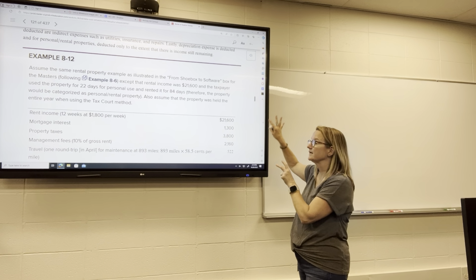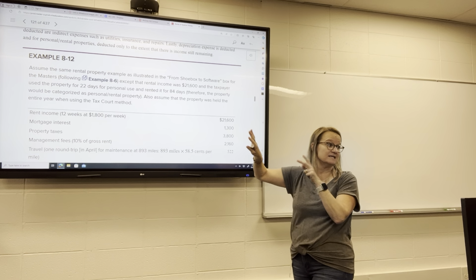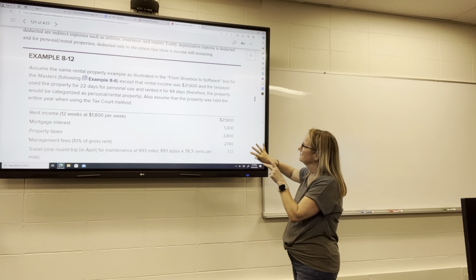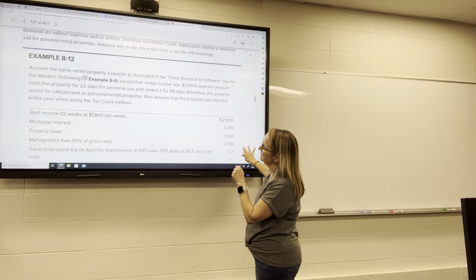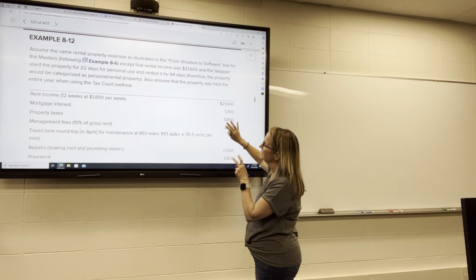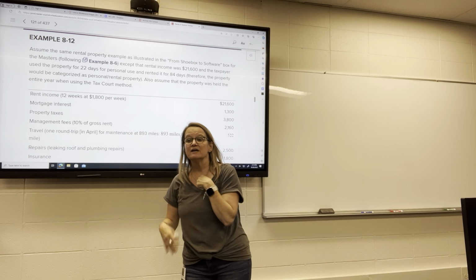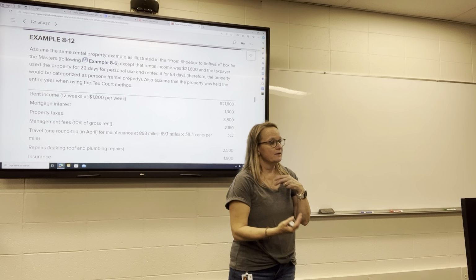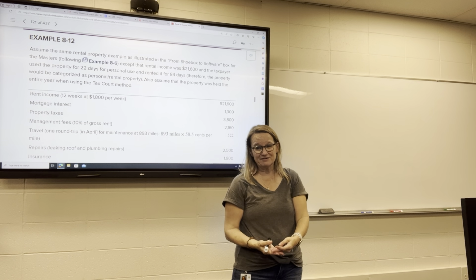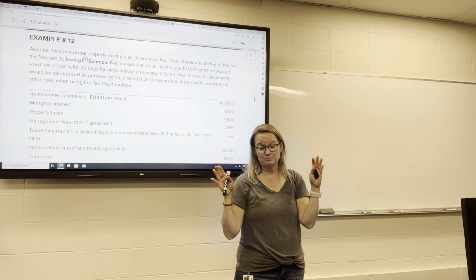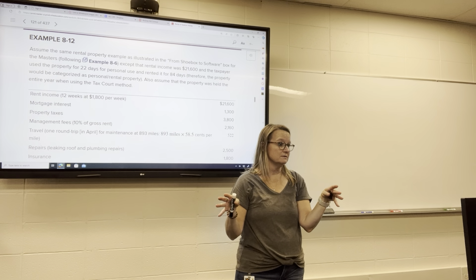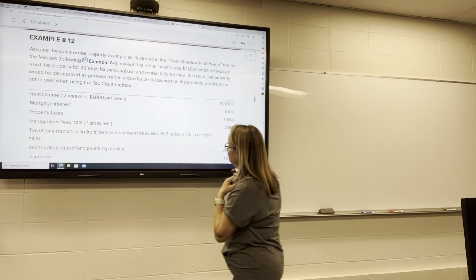Now we're going to look at the two different ways of allocating these expenses. Assume the property was held the entire year when using the tax court method, because if it's not held the entire year, then we're not going to divide by 365. We're going to divide by however many days we actually owned it.